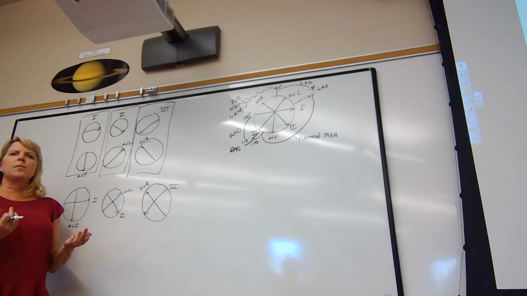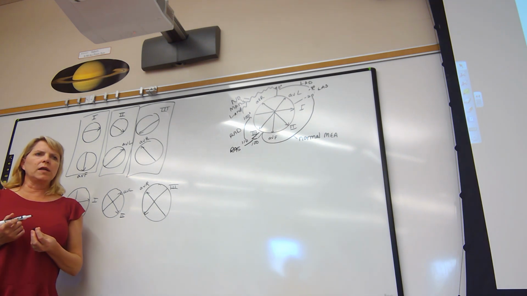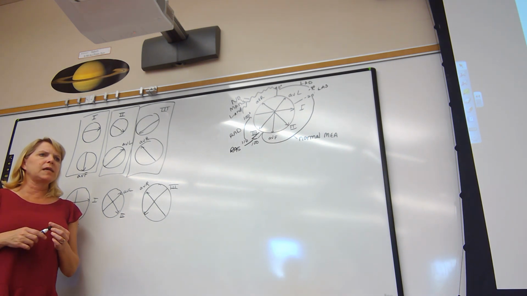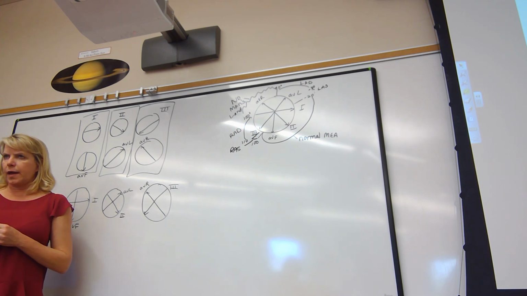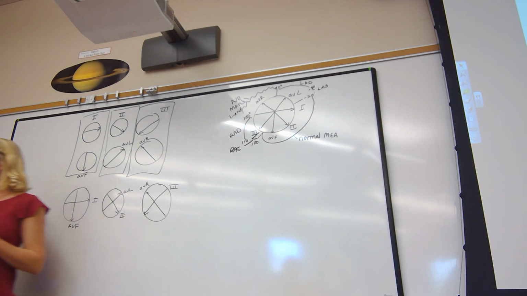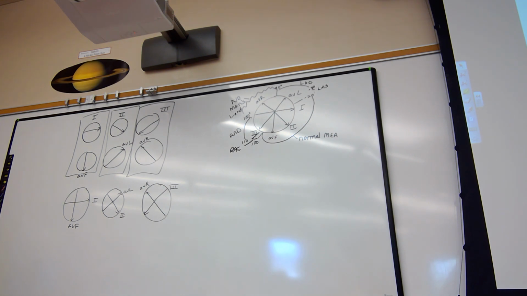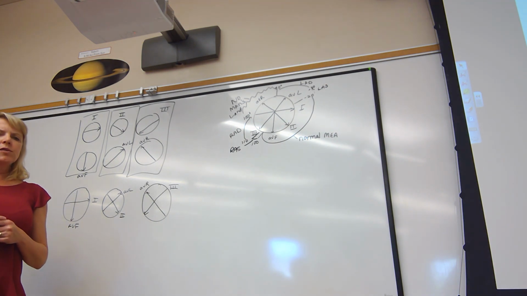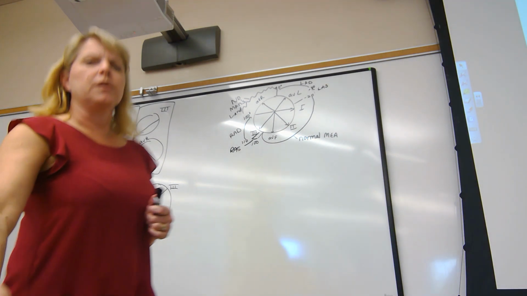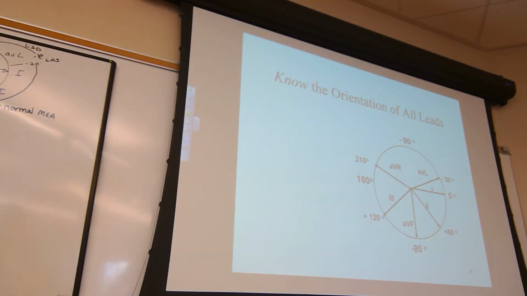I'm going to use them for the cheat method on how to determine someone's MEA. That's what I'm going to show you right now. Are you ready? Okay. Your job, in order to use this method, your job is to know your leads. You're fine. You're fine.